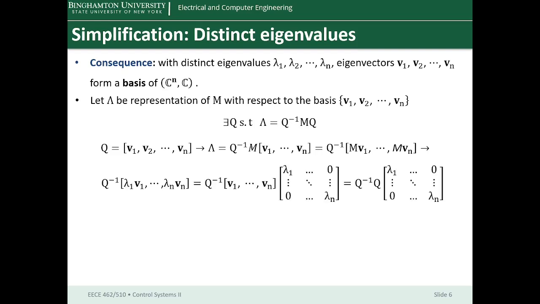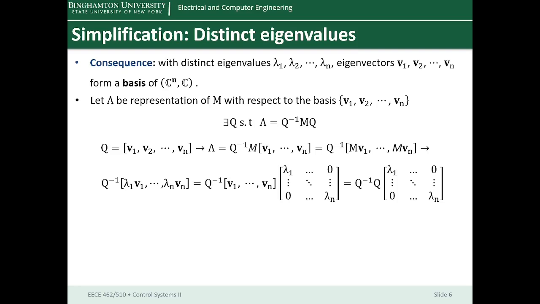But since v1, v2 to vn are eigenvectors of M, each of those products can be replaced by its corresponding eigenvalue times the eigenvector. So M times vi becomes lambda i times vi.